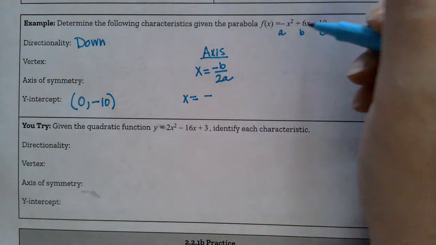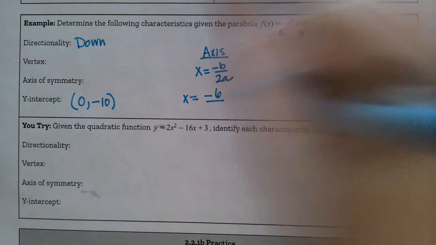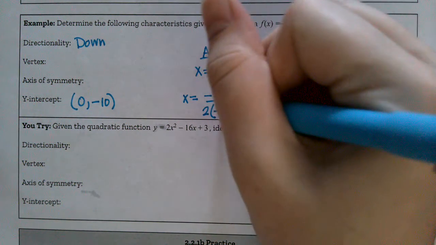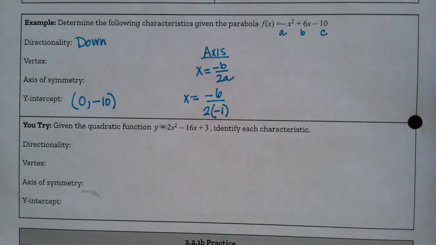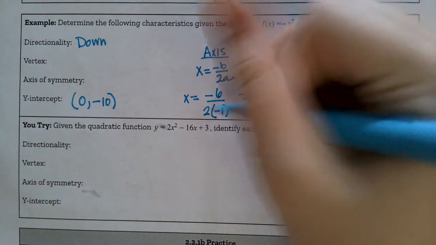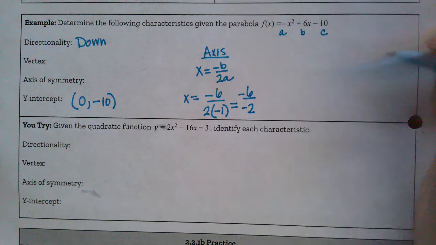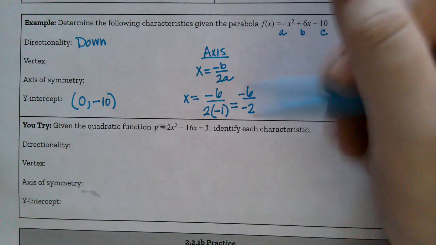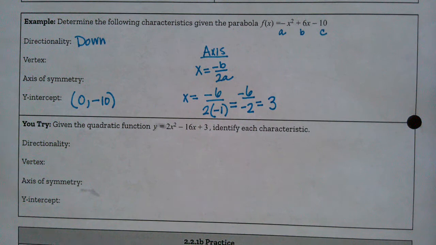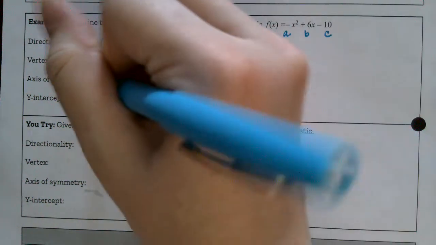So I have a negative sign out front, and then b is 6 over 2 times -1. So on top, I just have -6. 2 times -1 is -2. And then I want to divide these two numbers to get 3. So my line of symmetry is x equals 3.